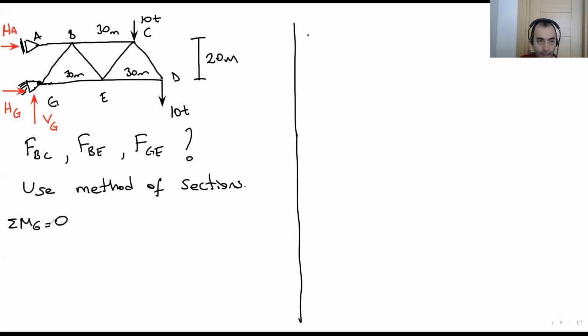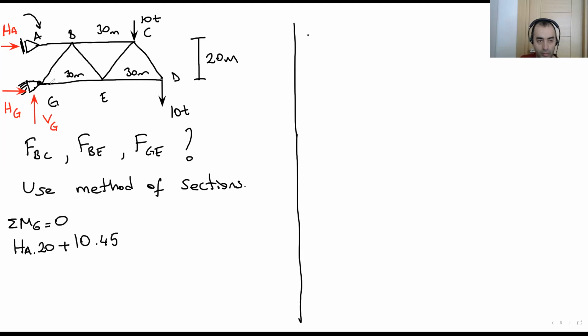Total M_G equals 0. Okay, here this is HA, rotates the system in this direction. Assume that is positive. HA times 20, and 10 rotates the system in the same direction. 10 plus 10 times the distance. Distance is like 45.